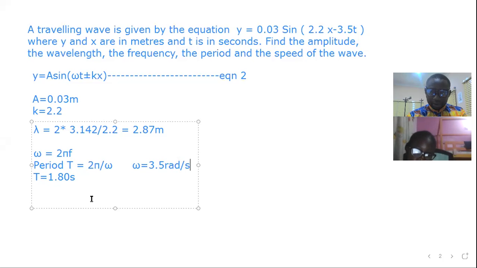Times what? Radius or amplitude. Okay, now look at this. You said angular speed is equal to a radius times what? Amplitude. Angular.